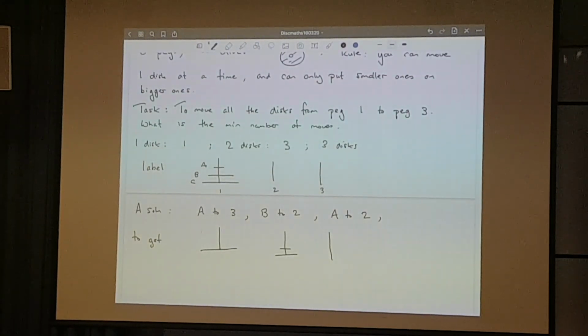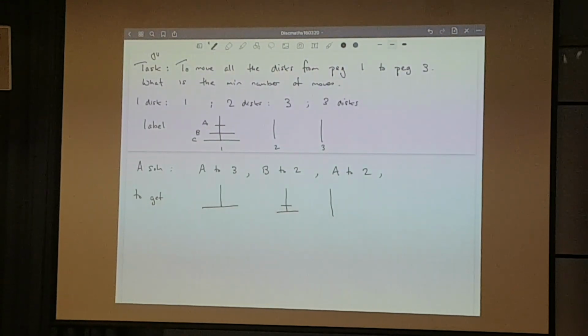So now we move A, and we do all the stuff on B.